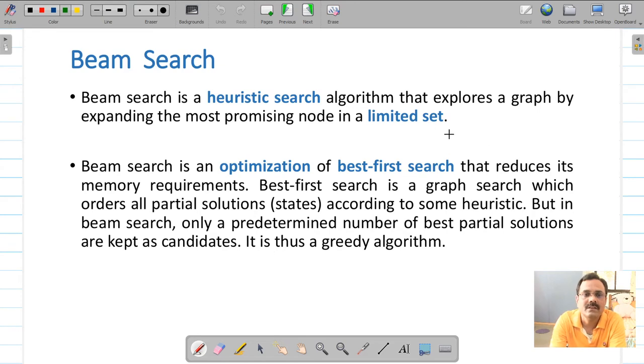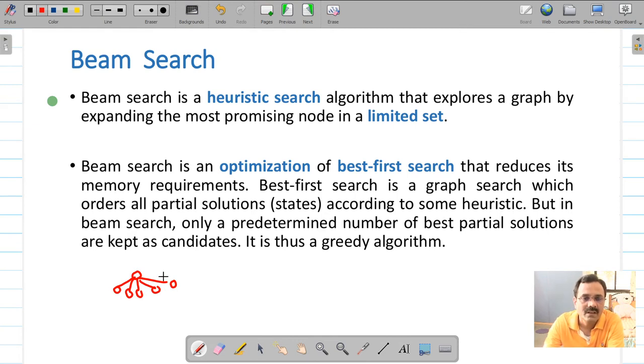Basically, as we have seen, beam search is a heuristic search algorithm. It starts with some starting node, then it is explored, and all its children successor nodes are generated. Among these successors, every time you are going to check, is there a goal present?